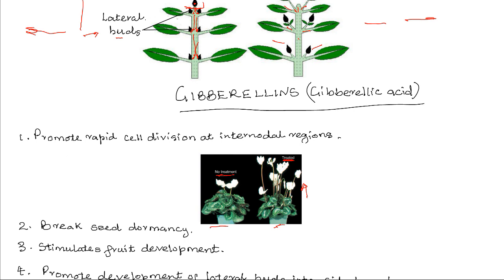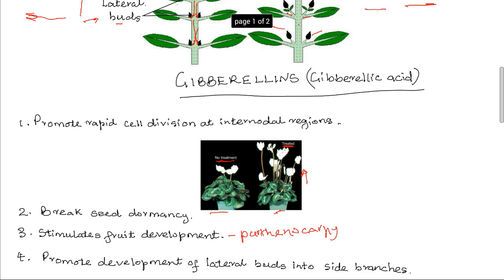As long as there are gibberellins, then the ovary will be stimulated to develop into a fruit. And development of a fruit without fertilization, thus producing seedless fruits, is known as parthenocarpy. Parthenocarpy is the formation of seedless fruits.